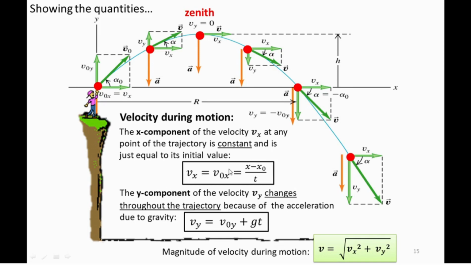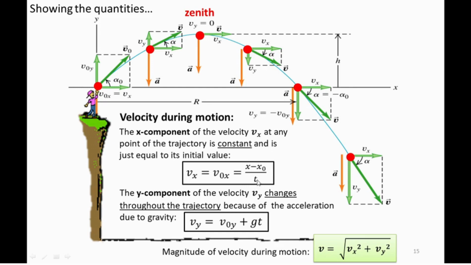So therefore, your final x velocity is just equal to the initial x velocity, and you can always calculate that by dividing the total x distance traveled by the projectile by the time interval.